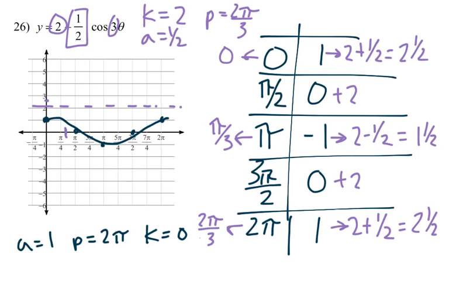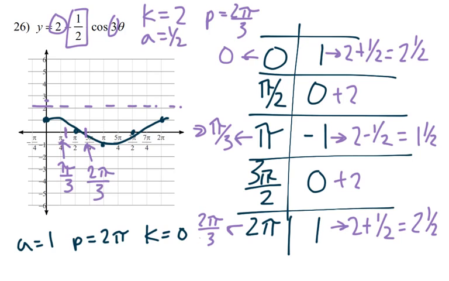So like right there and right there. So then we have 1, 2, 3. So this would be pi thirds. This would be 2 pi thirds. Okay, so that represents this and this piece.